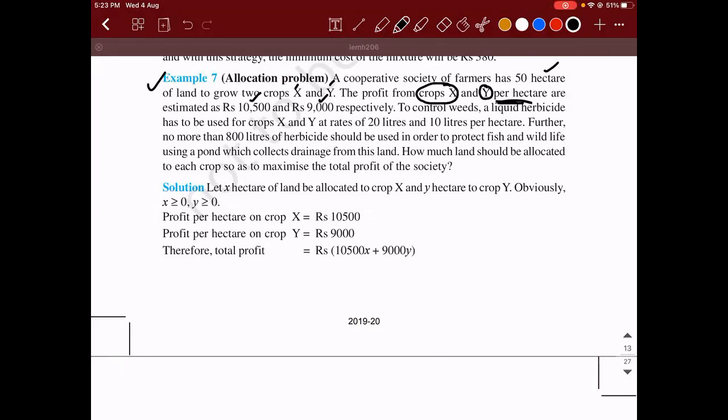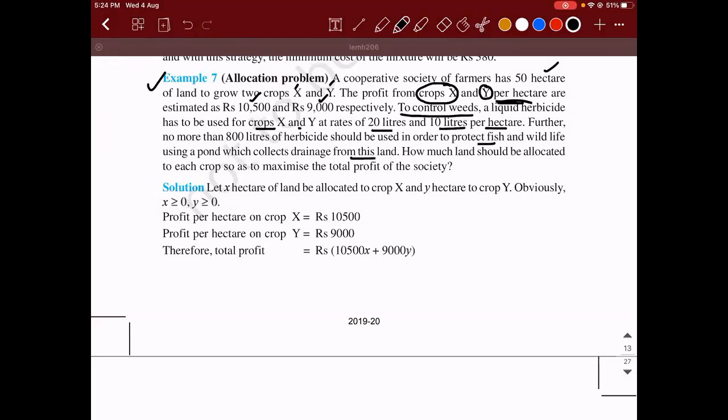Now they want to control the weeds using a liquid herbicide which has to be used for crops X and Y at a rate of 20 liters and 10 liters per hectare. Further, no more than 8,000 liters of herbicide should be used in order to protect fish and wildlife using a pond which collects drainage from this land.